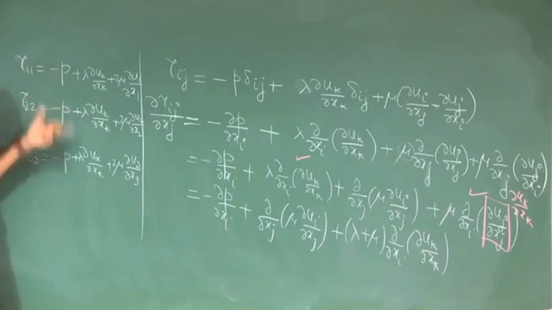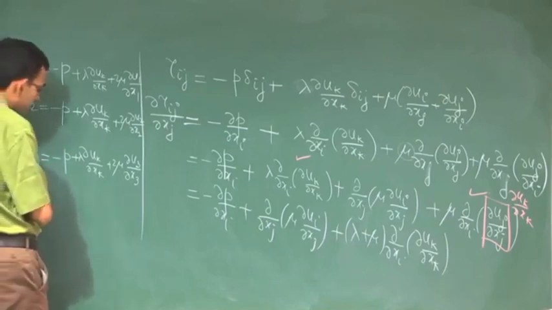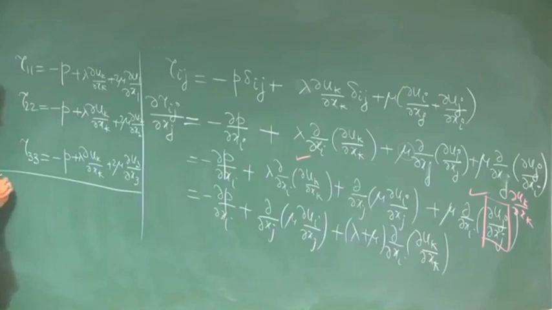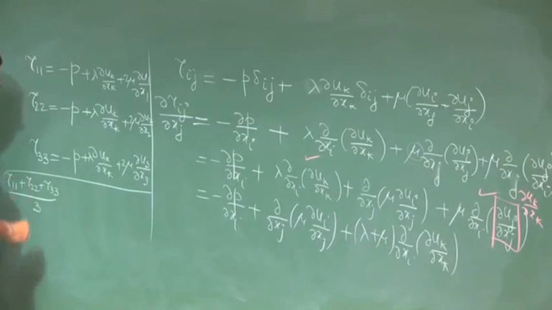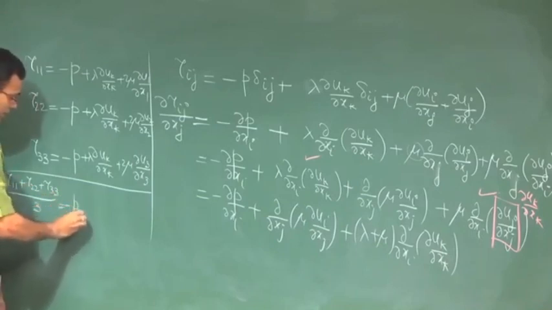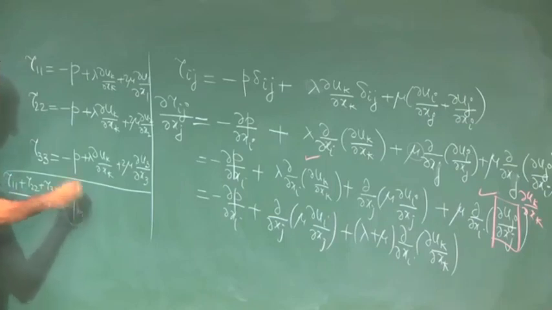So, if you add all these effects and make an average, this is called minus of mechanical pressure by definition.